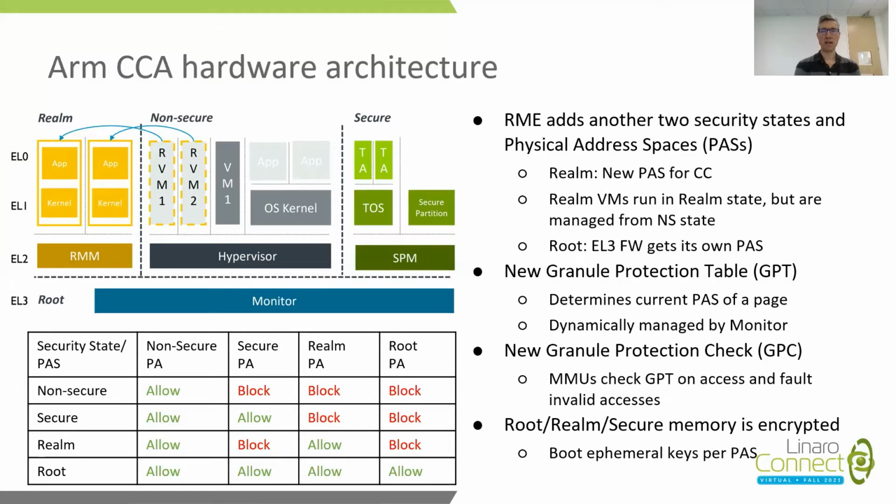This provides the access table on the bottom left, where the root PAS can access everything and is the only thing allowed to access its own PAS. Non-secure can only access its own PAS, and secure and realm software is mutually distrusting. Finally, root, realm, and secure memory is encrypted with a key per PAS, and those keys are renewed on each boot.